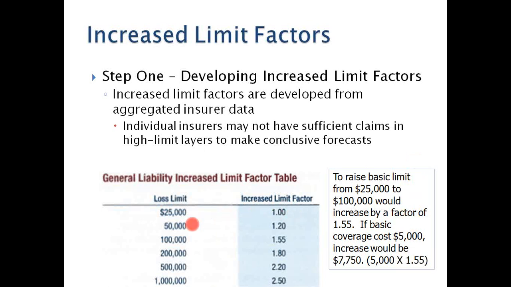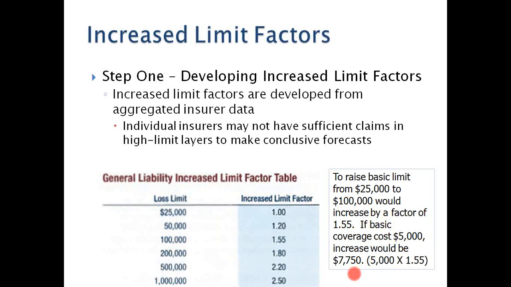So we're going to go from 25,000 to 100,000 here. Let's say that the premium for this $25,000 limit was $5,000. All we would do is multiply 1.55 times 5,000, and we come up with $7,750. Of course, it's unrealistic to have a $5,000 premium, but that's what I used for this example.